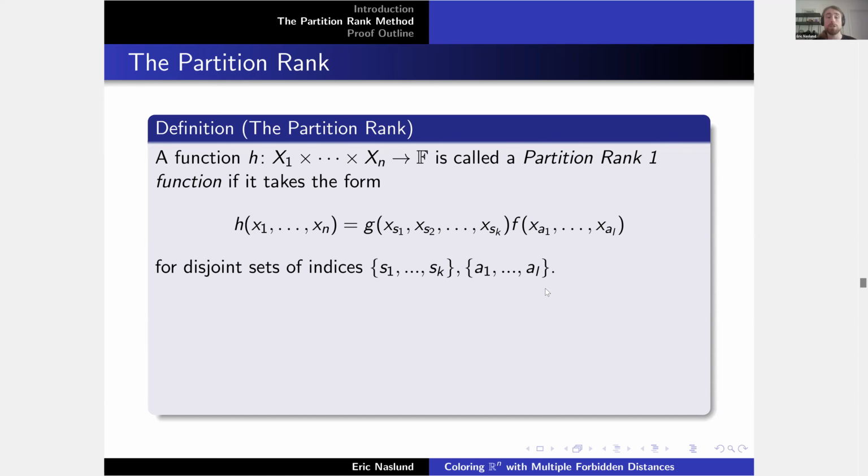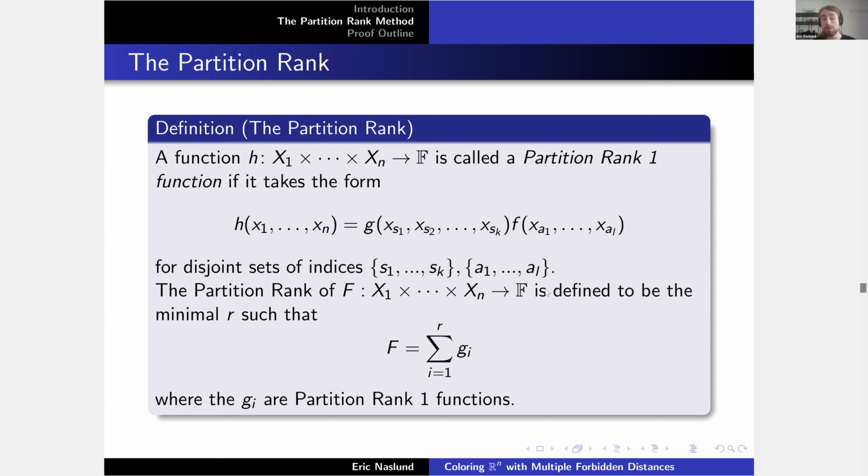We say that it has partition rank 1 if it can split in any form at all. So if I can write it as a function of some set of indices, X_s1, X_s2, all the way up to X_sk, times another function of a different set of indices, for disjoint, non-empty sets of indices, then we say that it has partition rank 1.